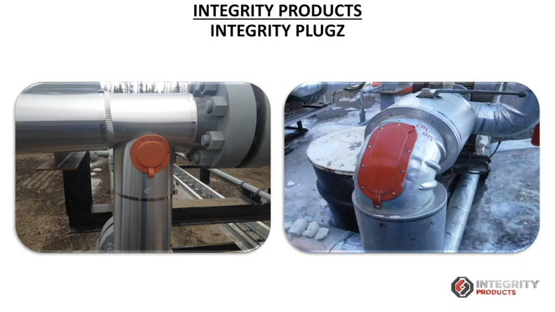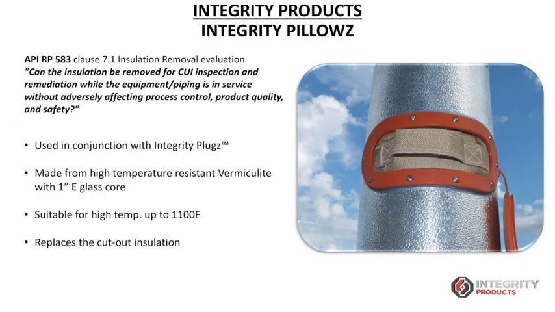And another thing we call integrity pillows. This is our product that we are offering to fill in the heat barrier in the locations of TML. Recalling the concern with conventional inspection ports, once the insulation is removed using the cutout insulation, there are three major concerns.